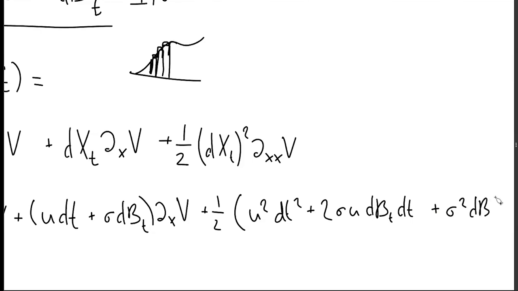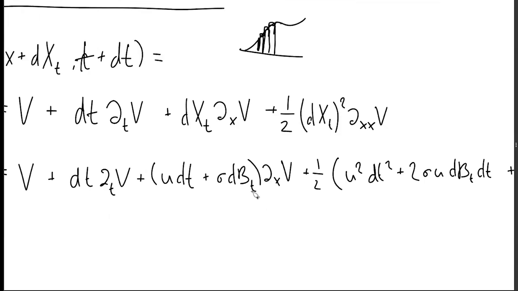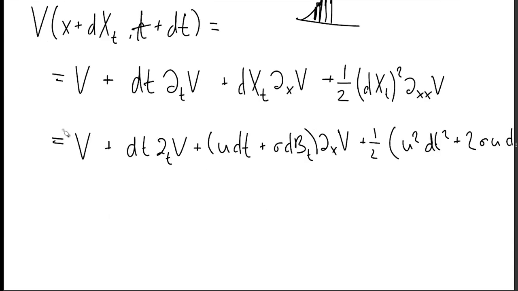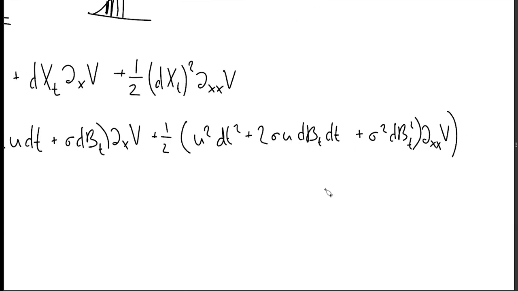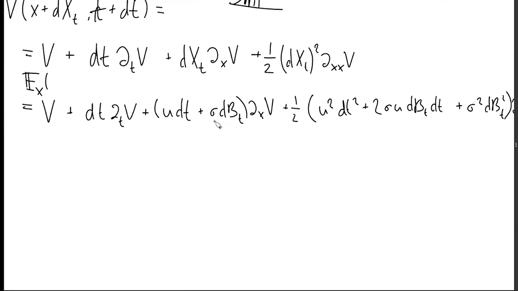And if we remember what the definition of our infinitesimal generator is, what we're really interested in is the expectation. So I'm going to take the expectation of this term here, with respect to x, initial condition x. What I want you to notice is that some of these terms are going to go away. The expectation is linear, and the expectation of dBt, because it's normally distributed with mean 0, is just going to go to 0.